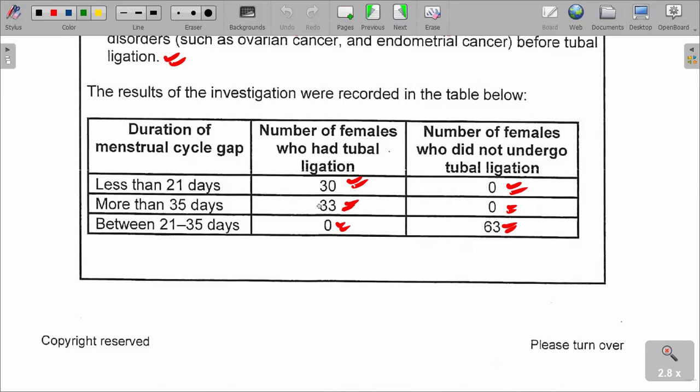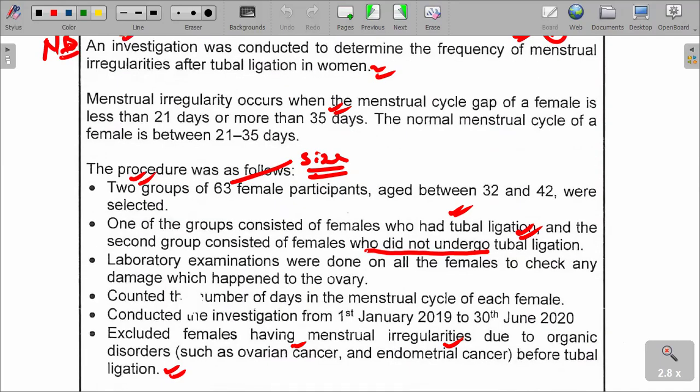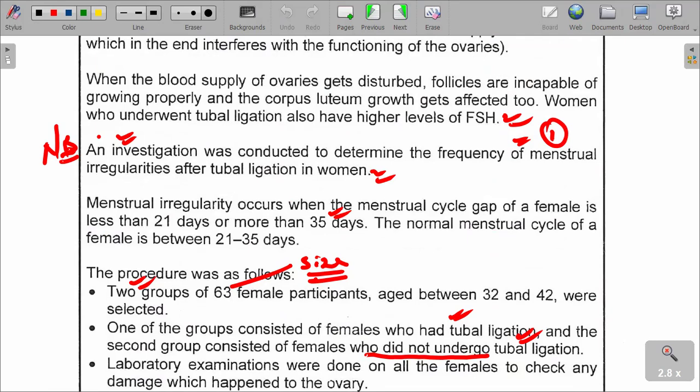Tubal ligation may affect hormonal control, or it can cause more follicle stimulating hormone, according to the leads in the question. Women who underwent tubal ligation also have higher levels of what? Of follicle stimulating hormone.